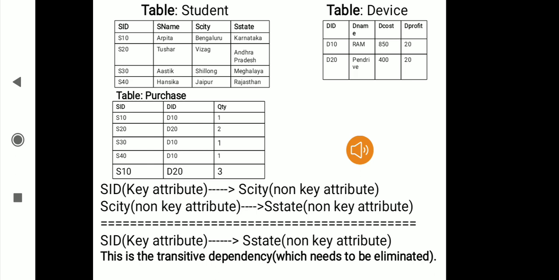When transitive dependency occurs, there will be anomalies in the table. Hence, it must be eliminated. And it can be eliminated by not allowing a non-key attribute to determine another non-key attribute in the same table.